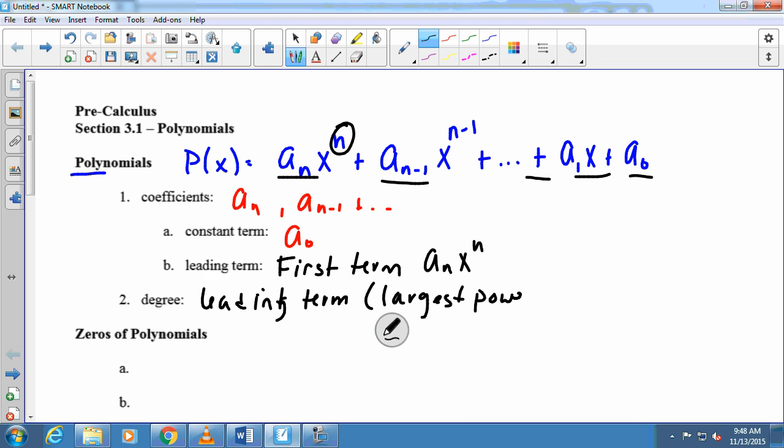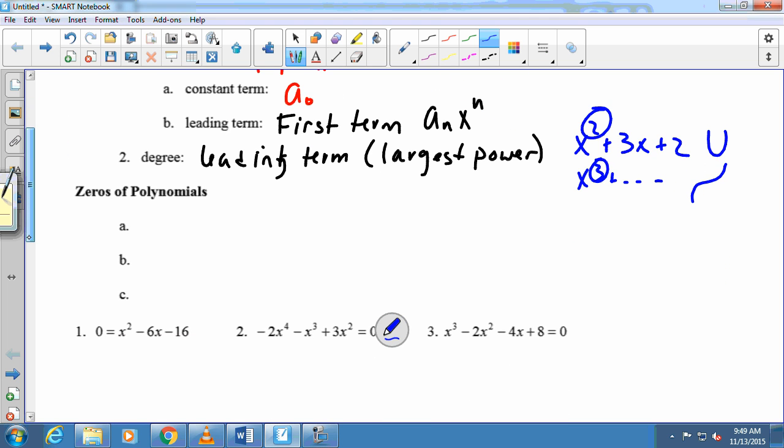And it's really going to tell us a lot about our polynomial and its graph. For example, when we were looking at quadratics, my leading term was an x squared, so I knew it had this shape. When I was looking at cubics, whatever happened to be behind it, this power 3 told me that I had that chair shape. And those are the things that we're going to start graphing.